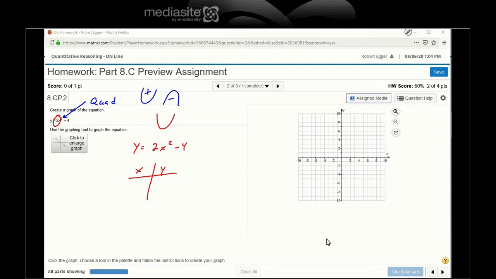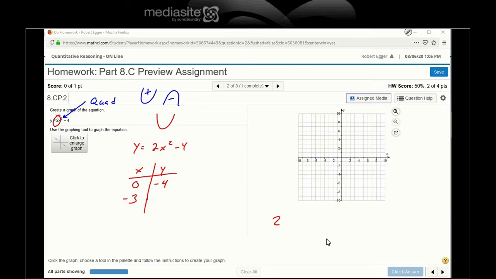So the easiest one would be when x is 0. So 0 squared is 0, 2 times 0 is 0, so y equals 0 minus 4. Then pick some negative x. Let's go with minus 3.